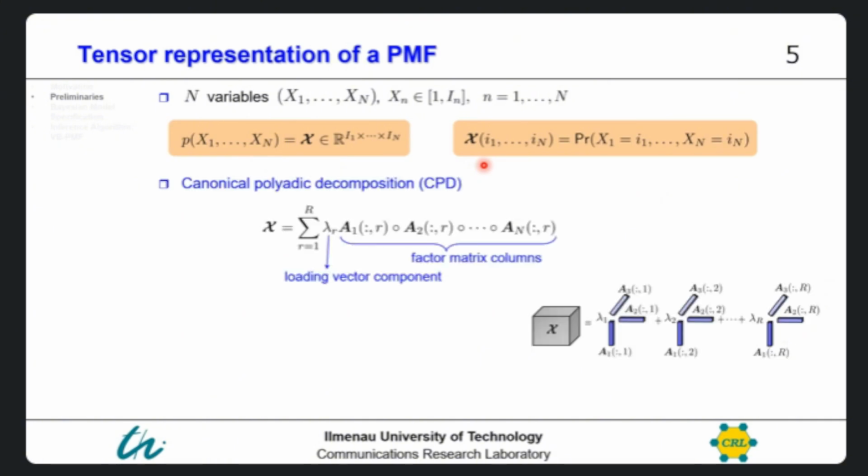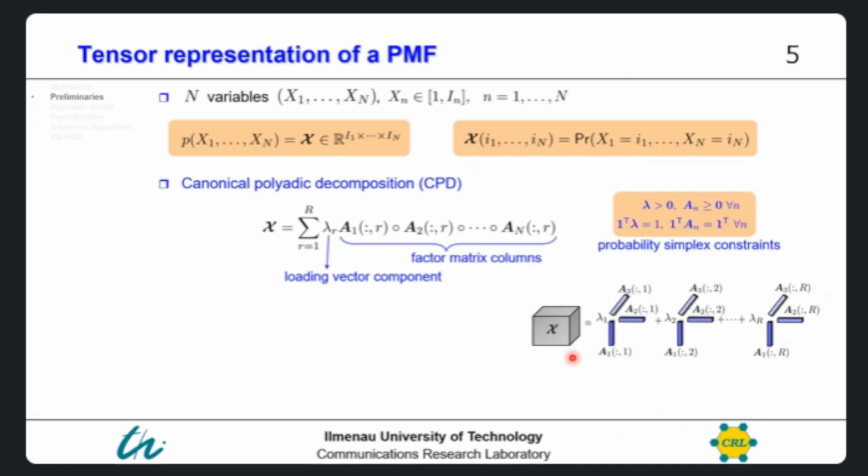And then we say that we can impose a canonical polyadic decomposition on the tensor. We have the loading vector, lambda, and the factor matrices. This is one example of a CPD for a three-way tensor.